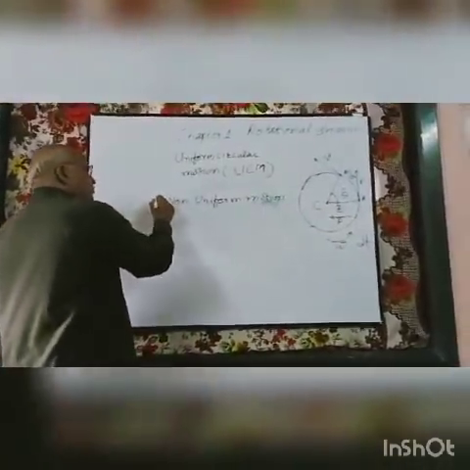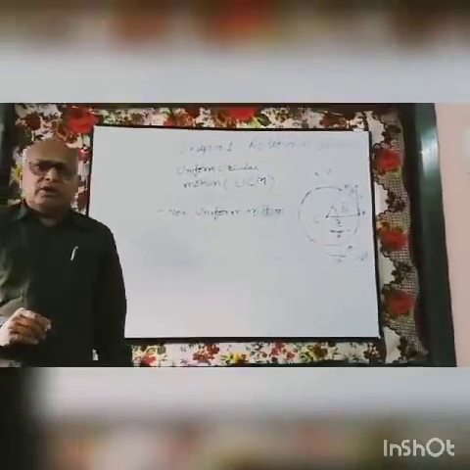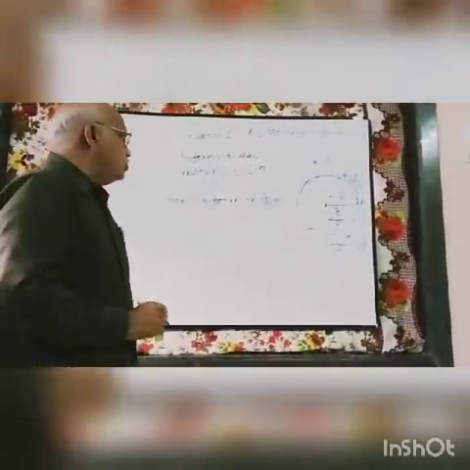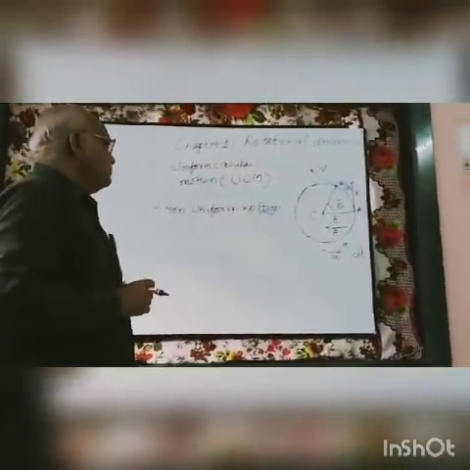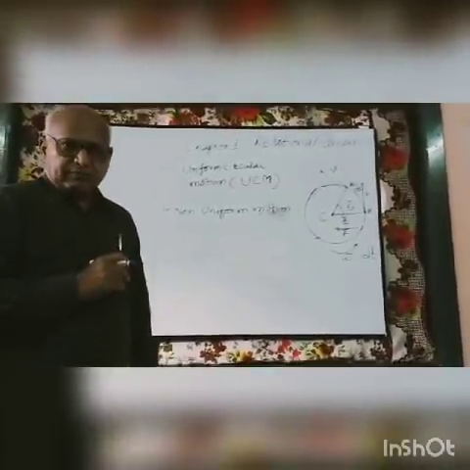This non-uniform motion is also called accelerated motion because it is performed under the action of centripetal acceleration. Next, in uniform circular motion, the angular velocity remains constant.